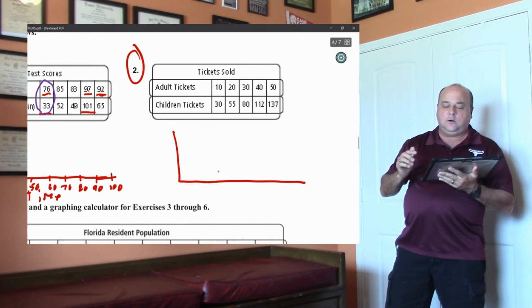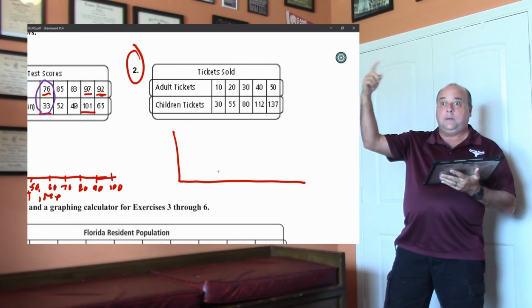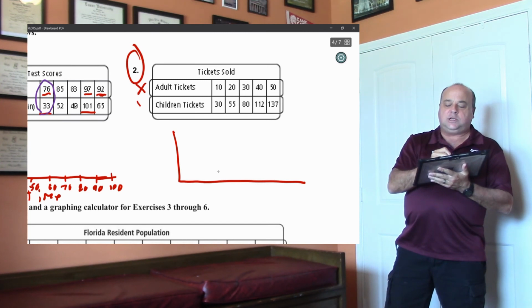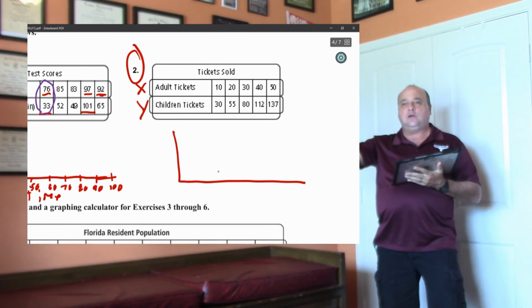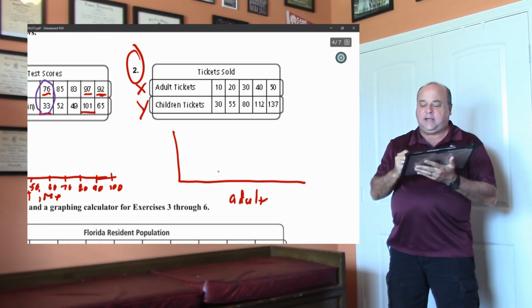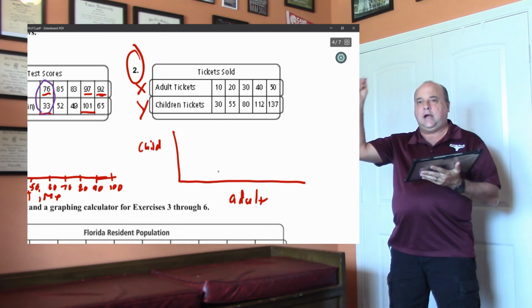On this one right here, if we buy adult tickets, will we buy children tickets? So will the number of adult tickets have an impact on the number of children tickets? So let's put adult down here for our X, that's our input, and the child tickets over here, that's our output.